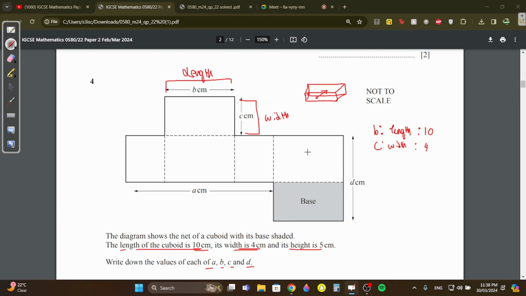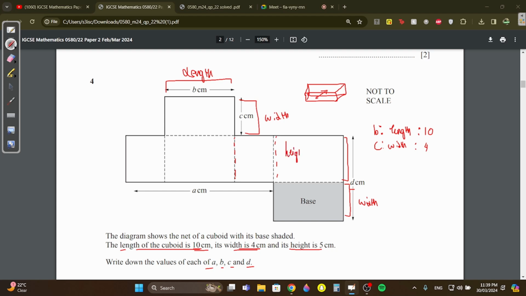Okay, now let's continue. Let's look at D. D would be the width. This is the width, right? The width plus this over here. What is this? If you fold this in, this over here is my height.